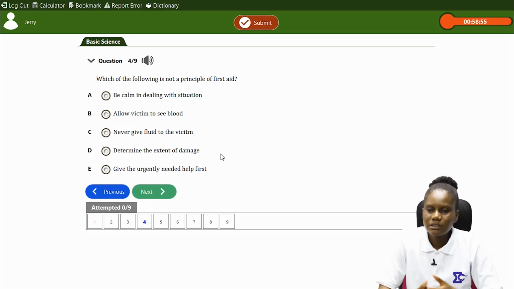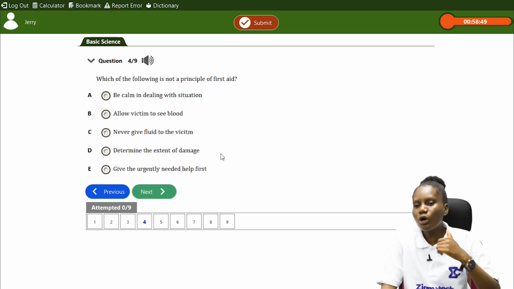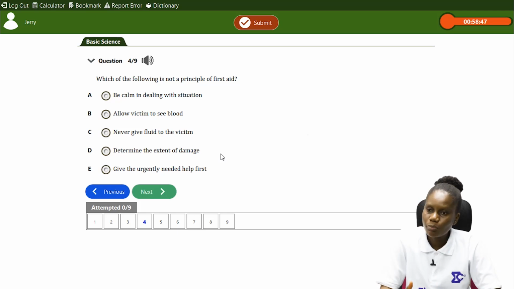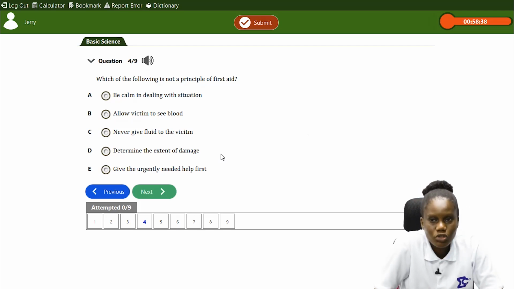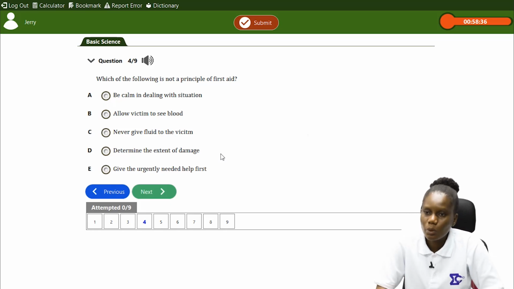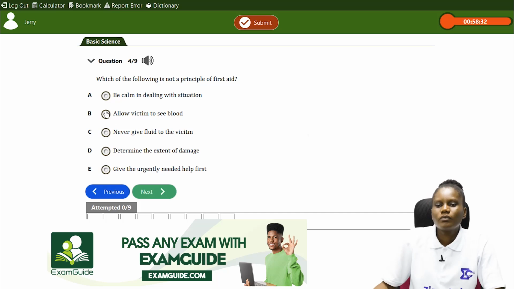Then determine the extent of damage. You have to determine the extent of damage. You will know if it's something you can handle or if you need to call for help, for proper medical attention. Then E is give the urgently needed help first. So the option that is not a principle of first aid is allow victim to see blood.